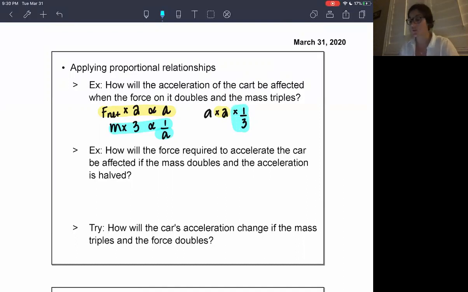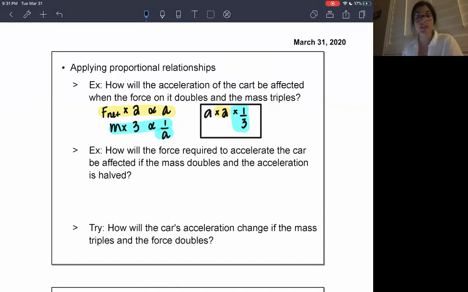So if it makes more sense in your brain to say, okay, I'm going to take my acceleration, double it, and then I'm going to divide it by 3. Dividing by 3 is the same exact thing as multiplying by 1/3. So I'm just going to leave my answer like this for simplicity. So this is how my acceleration is going to be affected. It's going to be doubled, and then it's going to be cut into 1/3.